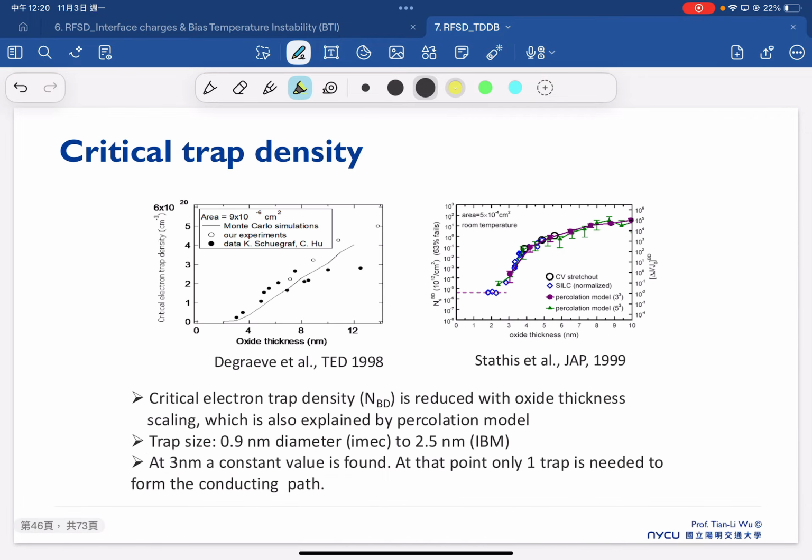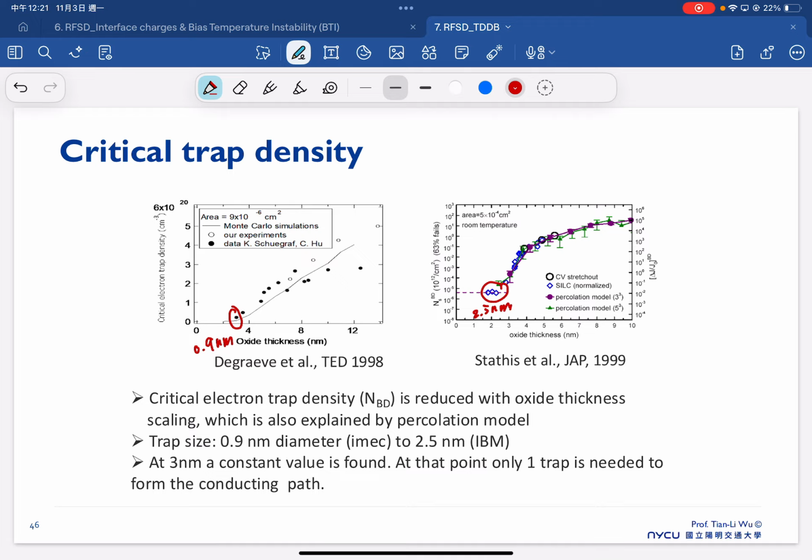And also, if you look at this, one of the results for the critical trap density. Now we look at the critical trap density when the oxide thickness is reduced. On the left hand side, you can see when you reach around 0.9 nanometer, this is a defect size of 2.5 nanometer here.